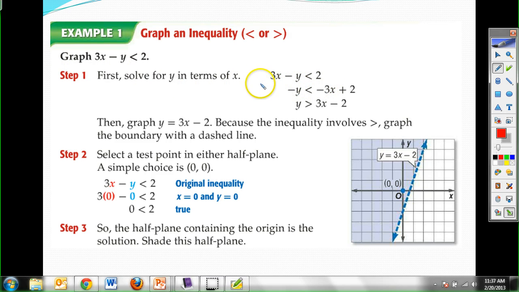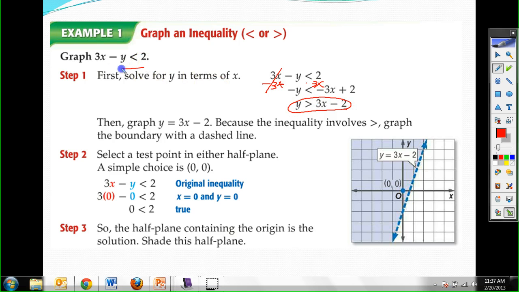What they did was subtract 3x on each side. So that was gone. You have negative y is less than negative 3x plus 2. In order to get rid of that negative, we divide by negative on each side. Now remember, when we divide by a negative number, this sign flips to the other side. So now you have y is greater than 3x minus 2.